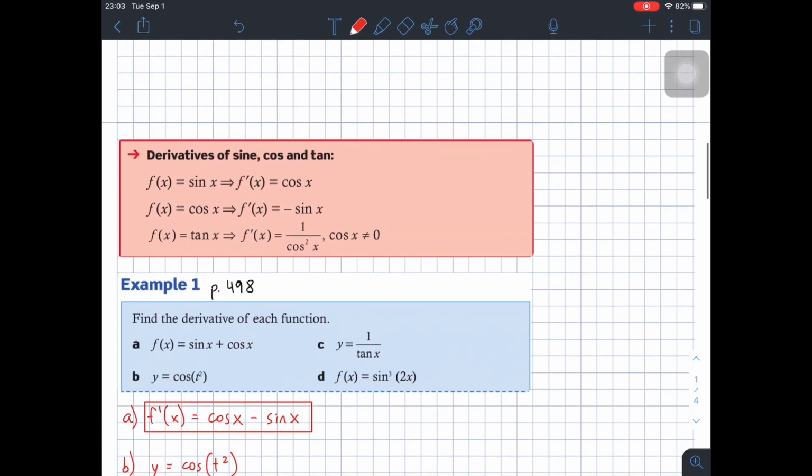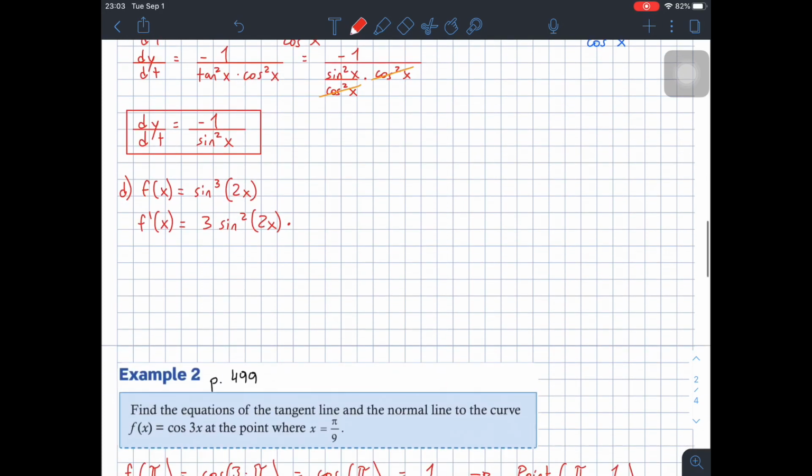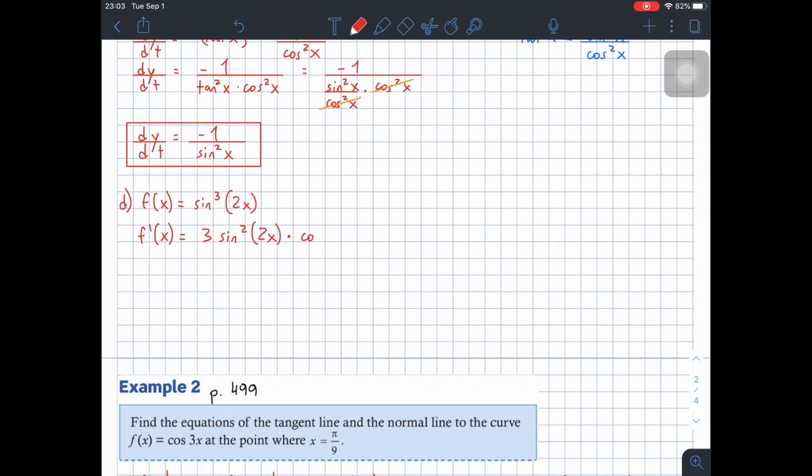The derivative of sine, according to our formula booklet, is cosine of x. So we're going to write times cosine of 2x. Remember, we keep the angle the same. Whatever function we have inside, we keep it the same. And then we multiply this by the derivative of the innermost function. The derivative of 2x is equal to 2, right?